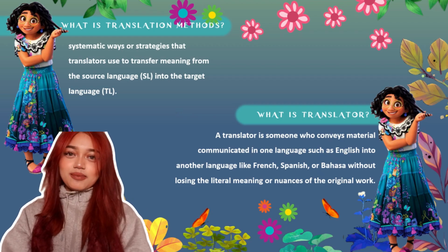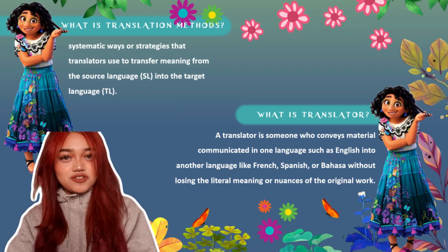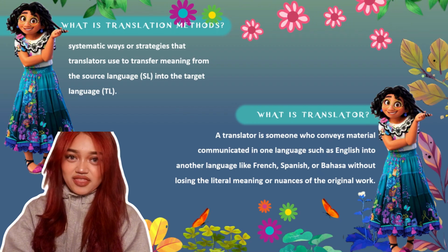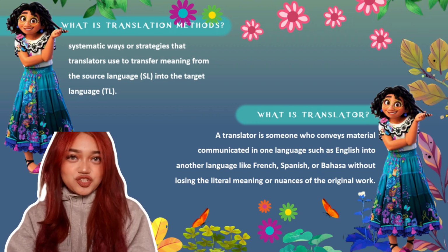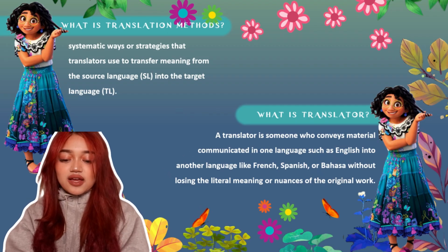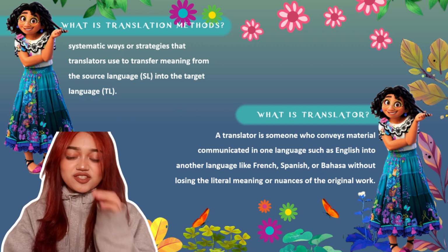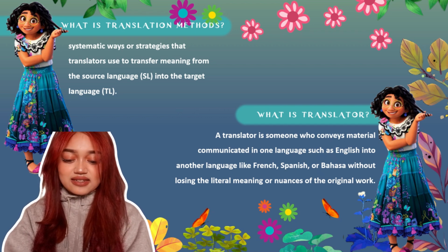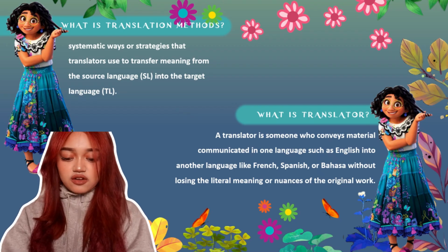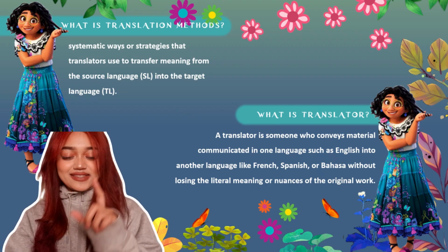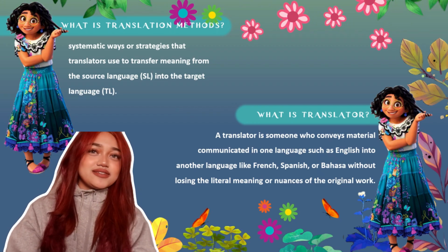So let's talk about the first material: the definition of translation methods. You can see here what translation methods are. Translation methods are the systematic ways or strategies that a translator uses to transfer meaning from the source language (SL) into the target language (TL).